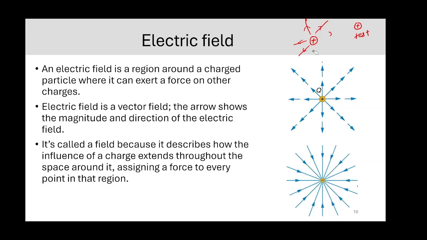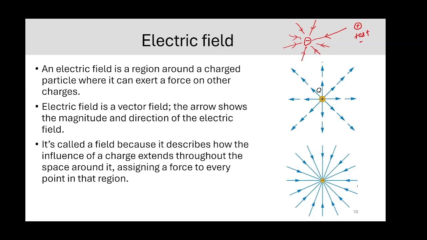Instead of a positive charge, what if we have a source that is a negative charge, and we put a test charge in the region of electric field? Then what will happen? This is a negative charge, this is a positive charge, so this negative charge will attract this positive charge toward it, resulting in this kind of electric field.